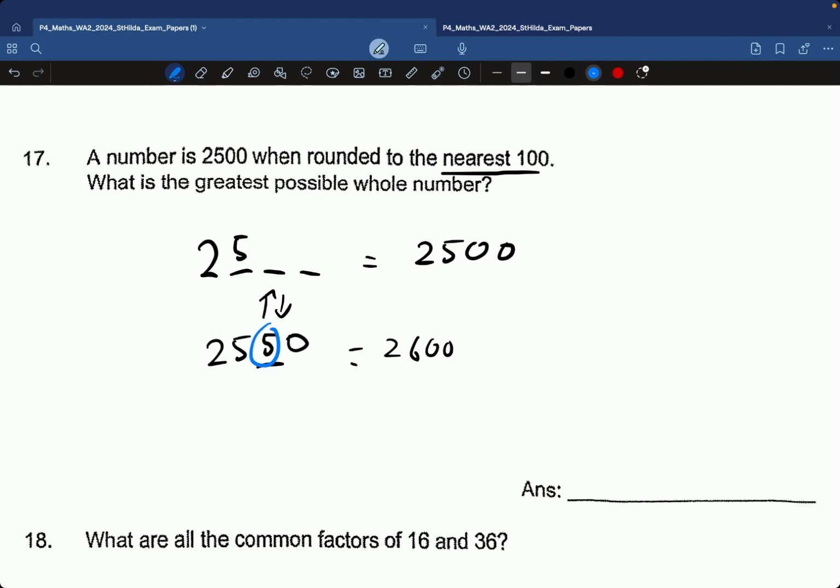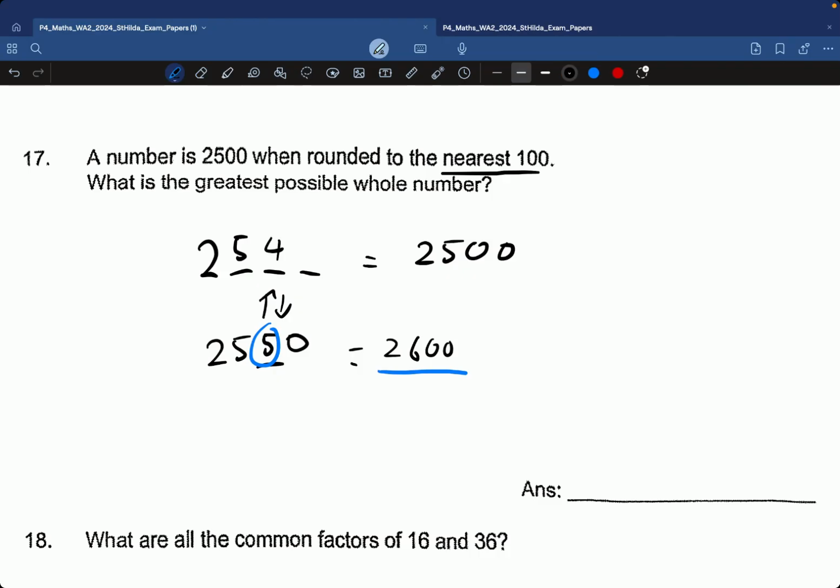That's why 2,550 will become 2,600. So that means we cannot have any digit that is 5 or more. So the highest possible number closest to 5, which is one number below, is 4.